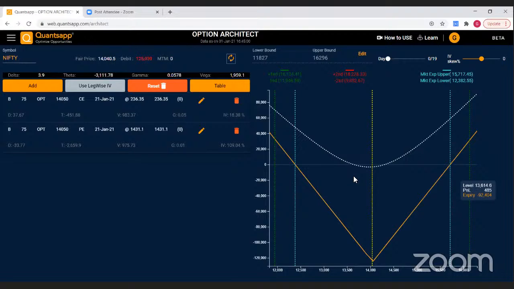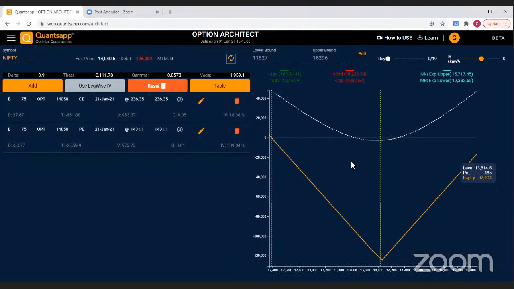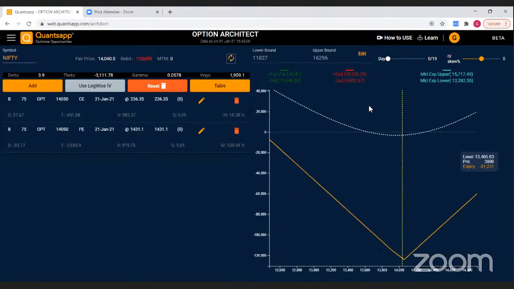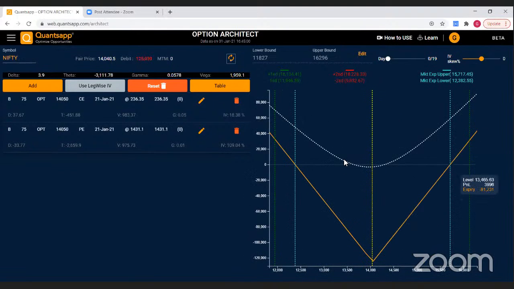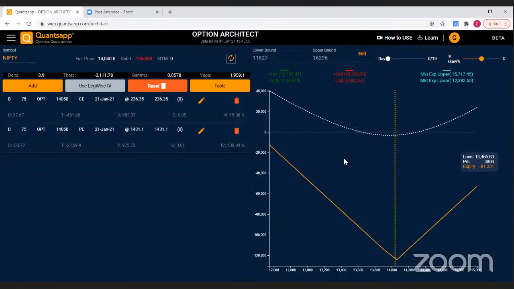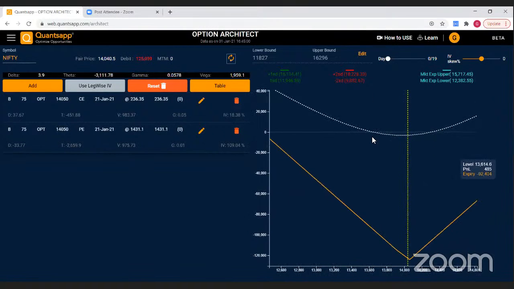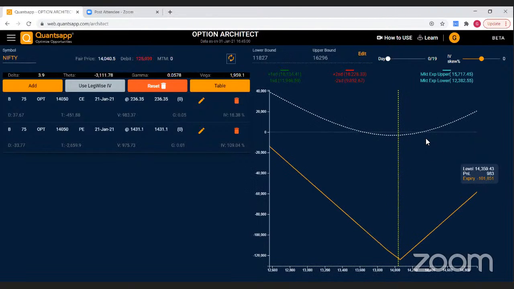Today's level is 14,040, and around 13,600 is a point where I will be slightly in profit, if Nifty goes down to 13,600 on the downside, and 14,400 on the upside.